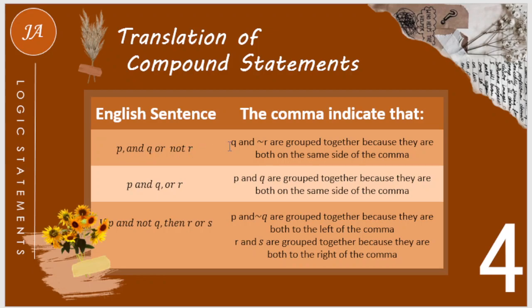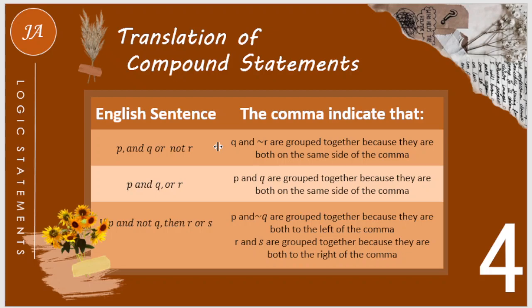Therefore, Q and not R are grouped together because they are both on the same side of the comma. For the second example, we have here P and Q, comma, or R. Therefore, P and Q are grouped together because they are both on the same side of the comma.